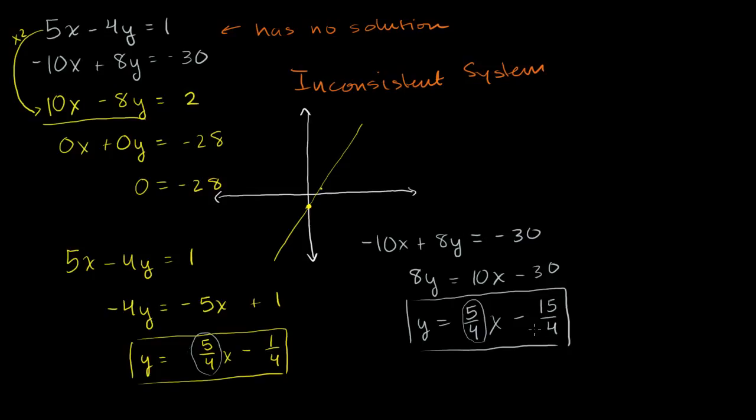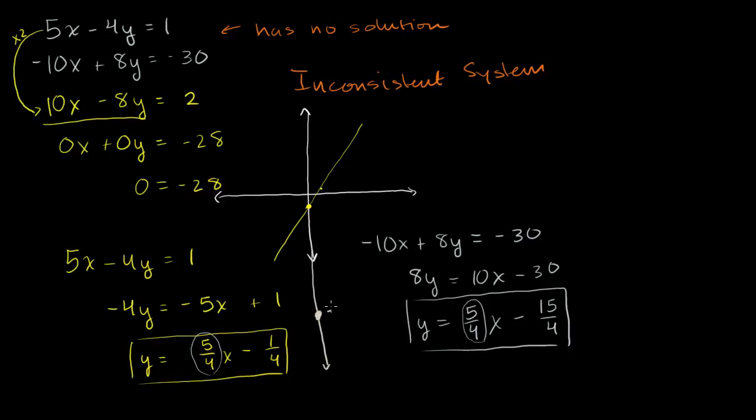Now this line, its y-intercept is at negative 15 over 4. 15 over 4 is what? 3 3/4. So if this is negative 1/4, then its y-intercept is going to be way down here someplace. I'll do it in the same color. Let me continue my x-axis down.